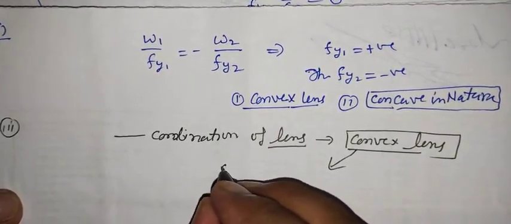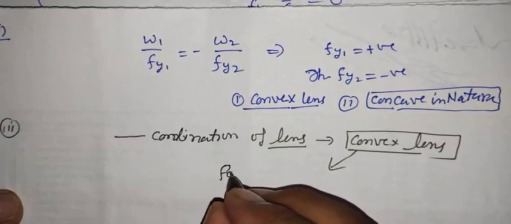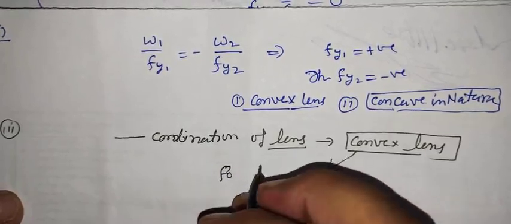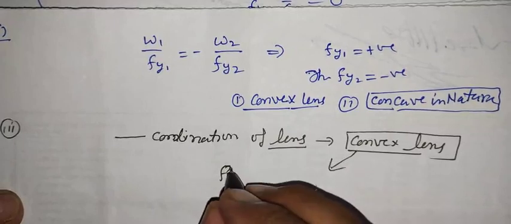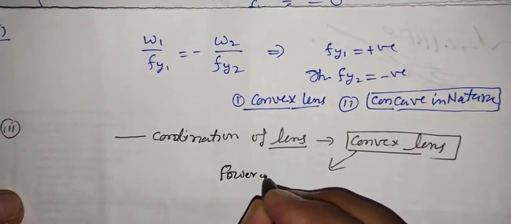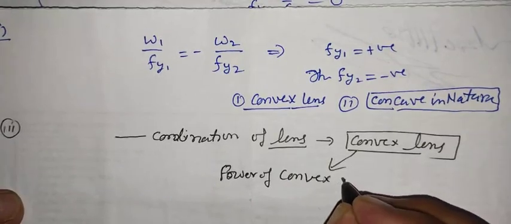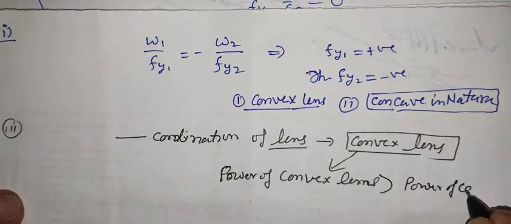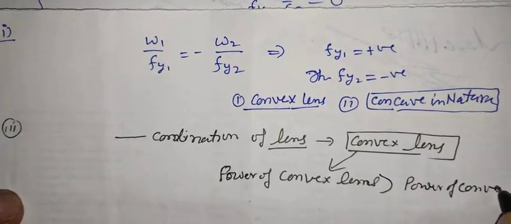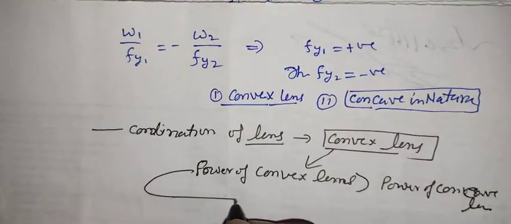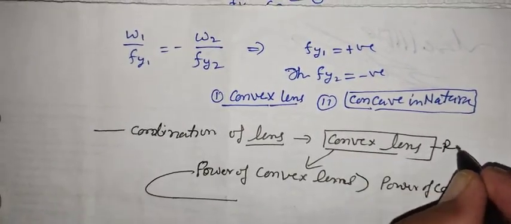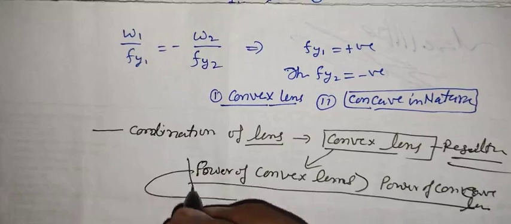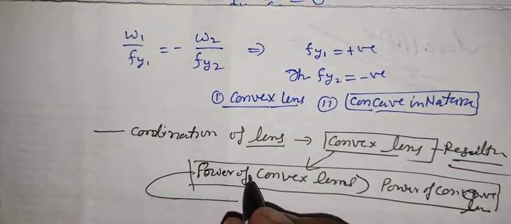So the combination must be kept in such a way that the resultant focal length, so the power of the convex lens, must be greater than the power of the concave lens, because you want a convex lens as the resultant. So these are the three conditions; when applied, the phenomena of achromatism can be obtained.